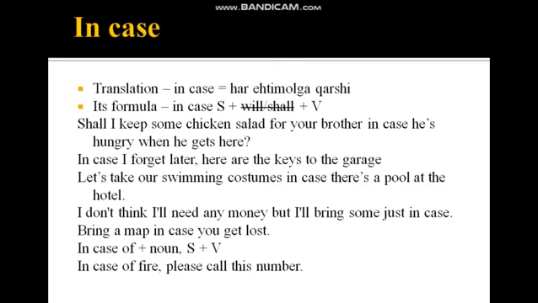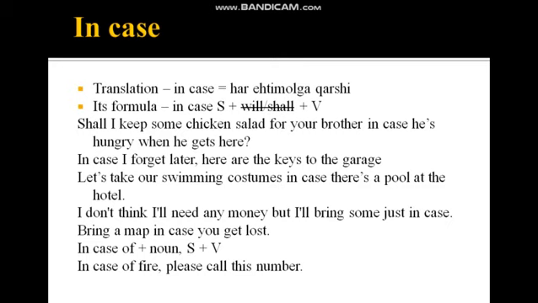Because "in case" does not mean that something will happen for sure. 100% nobody can guarantee that some action will be done or will be held. So in case is just a case, which means it's going to happen or it's not going to happen, so we're not sure.